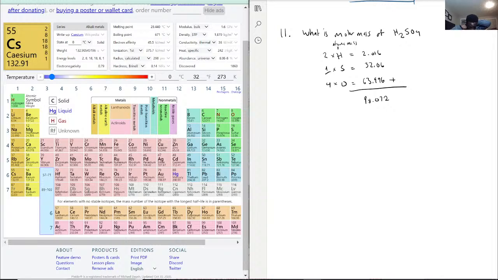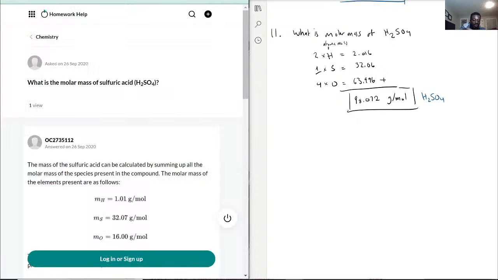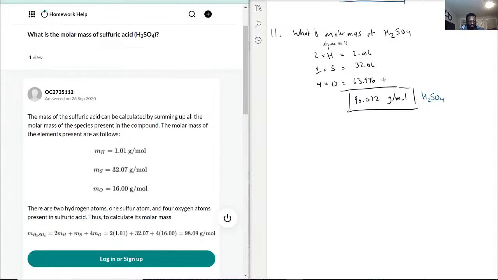And with that being said, this is really all we need for the molar mass, because now we have the grams per mole of all the constituents together. So this right here is the molar mass of sulfuric acid. Let's see if we did that correctly.